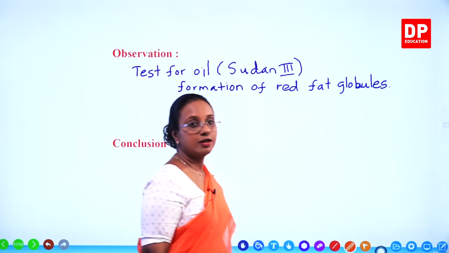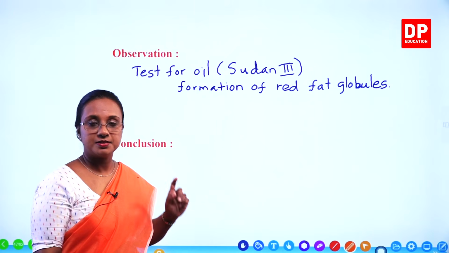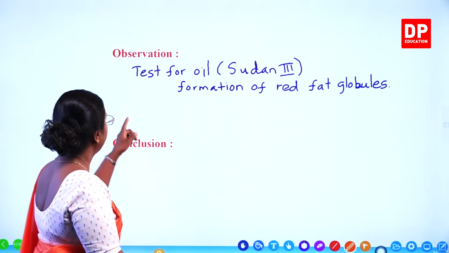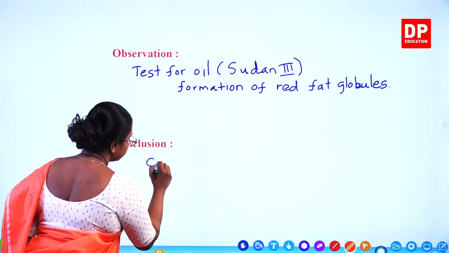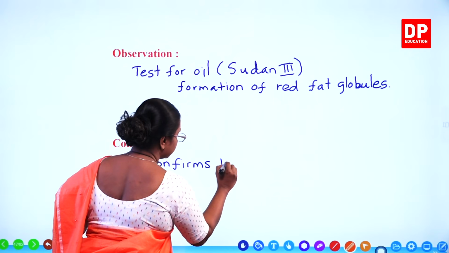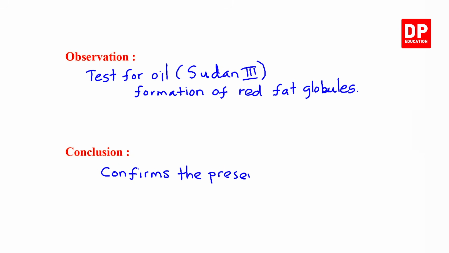Red fat globules. So this confirms the presence of oil in the sample.